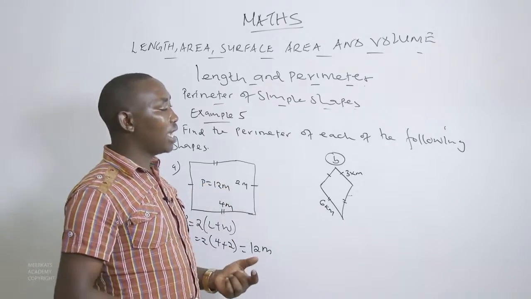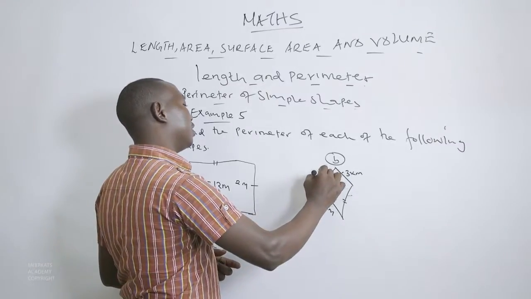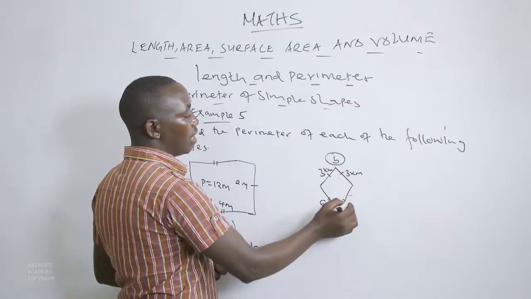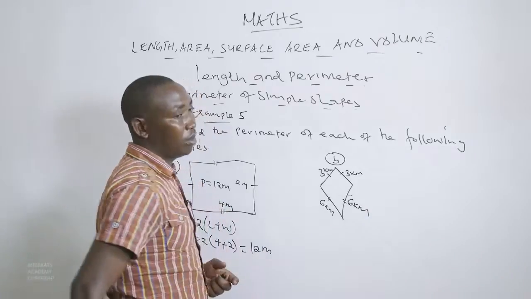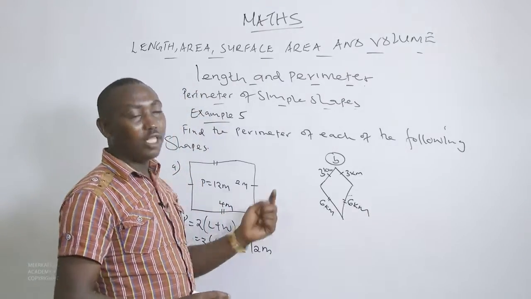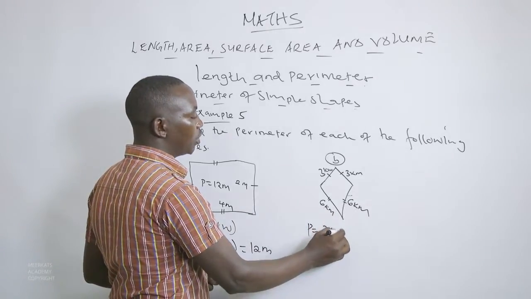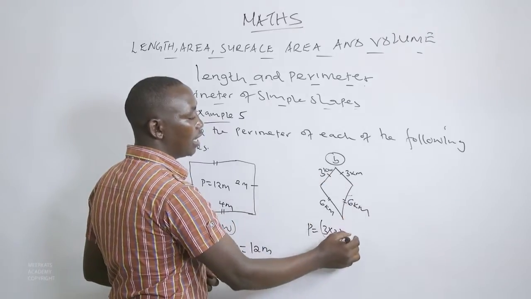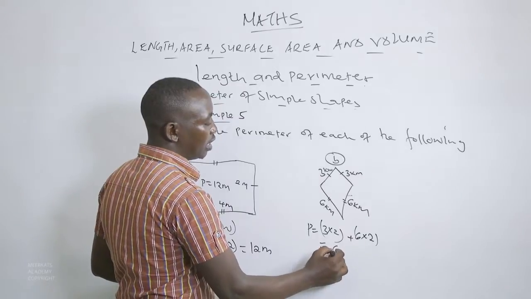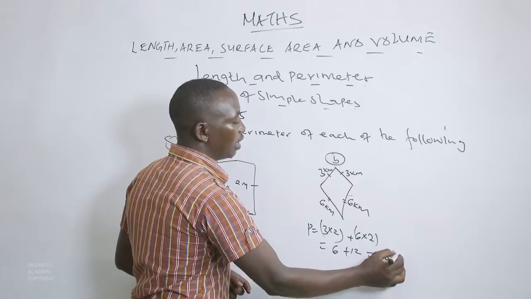Now for this particular kite, if this side is equal to this side, then this will also be 3 kilometers. And if this side equals the other side, this side shall also be 6 kilometers. So in case we want to find the perimeter of this kite, we shall have to add 3 times 2, because it is this side and the other side, plus also 6 times 2, which will give us 6 plus 12, a total of 18 kilometers.